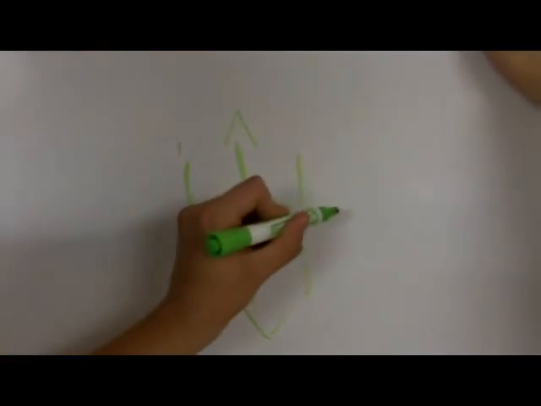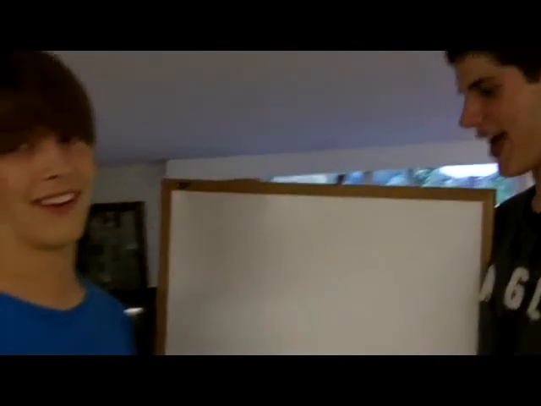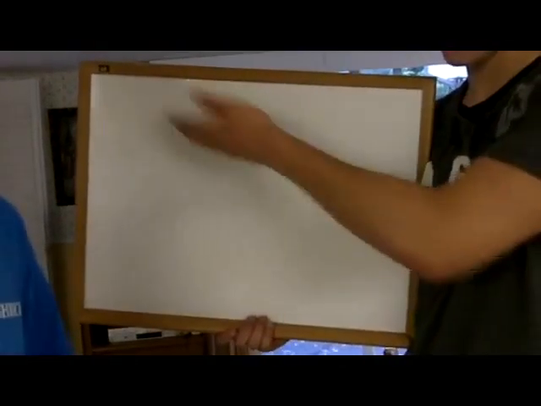And it can go that way, it can go that way, depending on what your figure is. That was a figure with 2 lines of symmetry. You could have something like a letter A, that only goes up and down. Or you could have a perfect circle that has infinitely many, because you could go any way.